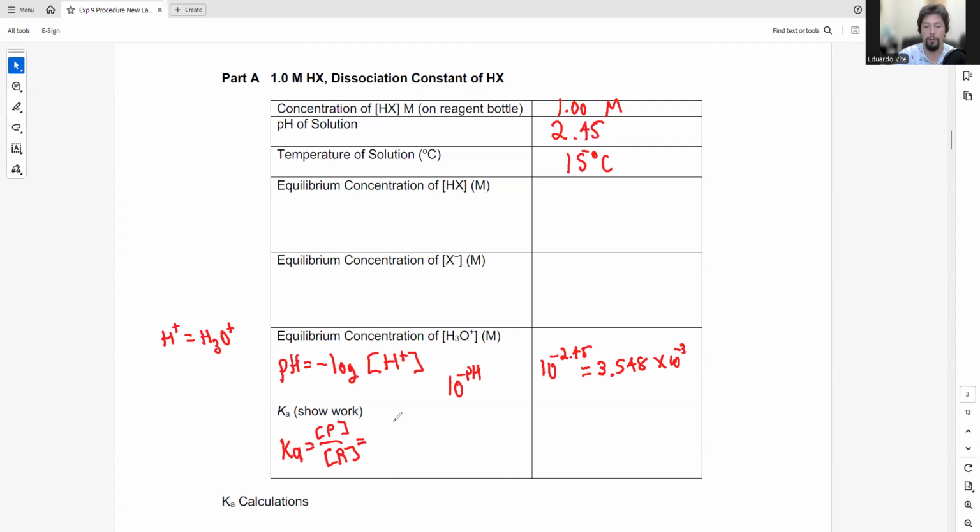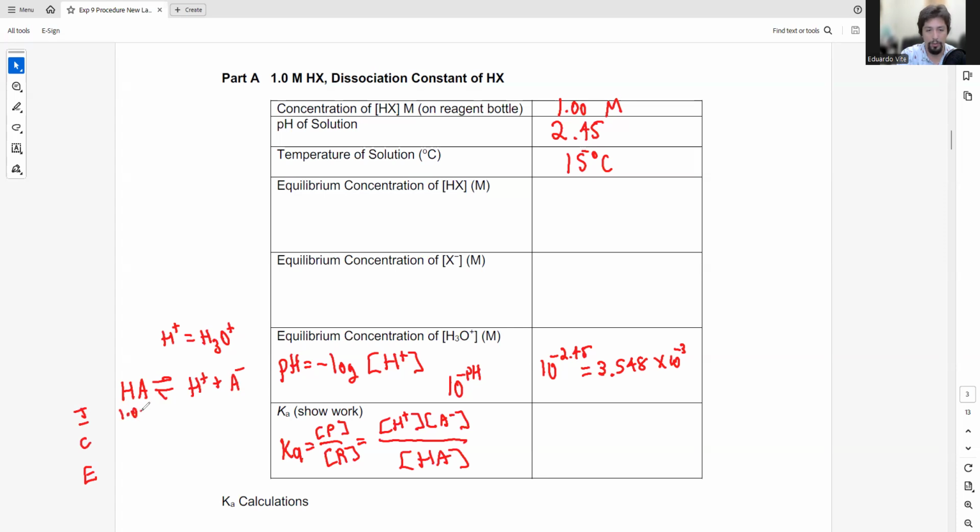And that is going to equal the concentration of H plus times the concentration of A minus, or in this case, X minus, divided by the concentration of HA. And if you remember, the acid HA, HX, whatever, will dissociate in water as H plus and A minus. Initial concentration, change in concentration, equilibrium concentration.